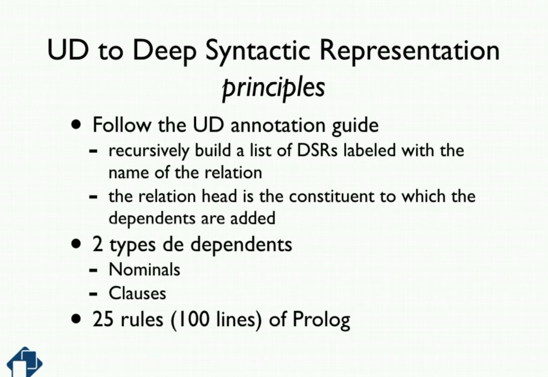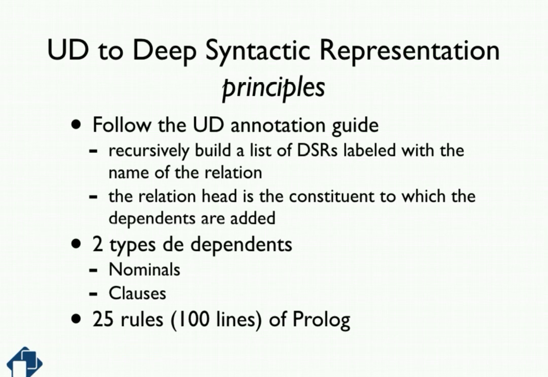If we look at the UD annotation guide, we have two types of dependents, that is nominal and clause. And the whole system takes about 100 lines of Prolog, so about 25 rules.